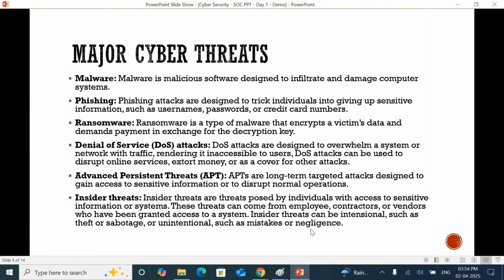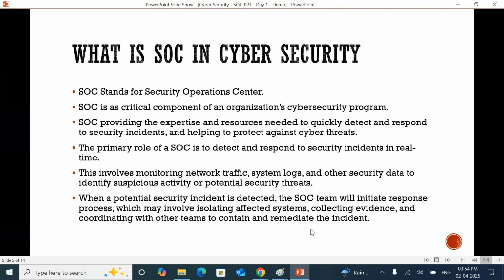Understand, sir? Next, what is SOC in cybersecurity? SOC stands for Security Operations Center. SOC is a crucial component of an organization's cybersecurity program, providing the expertise and resources needed to quickly detect and respond to security incidents and help protect against cyber threats. The primary role of the SOC is detecting and responding to security incidents in real time.